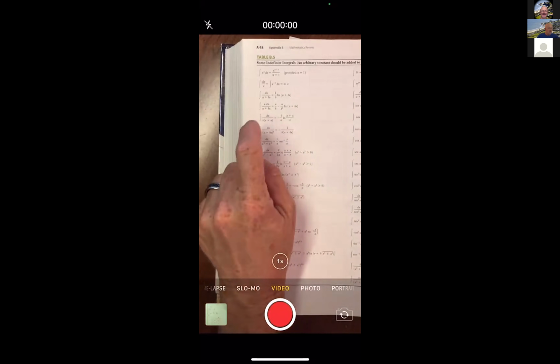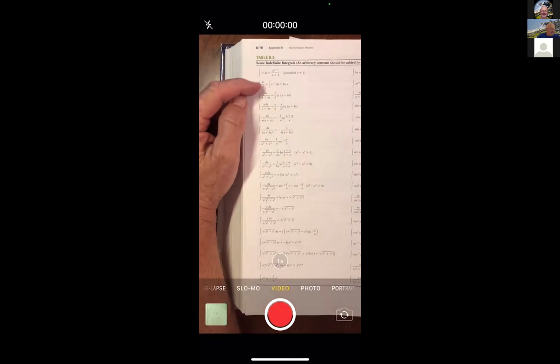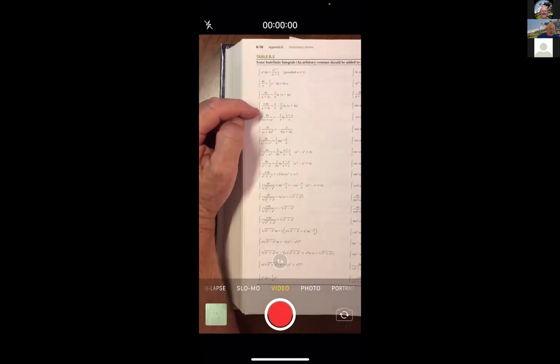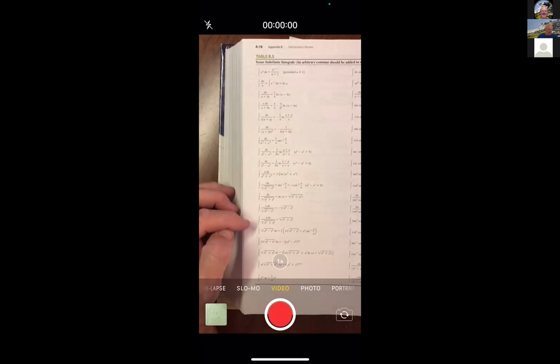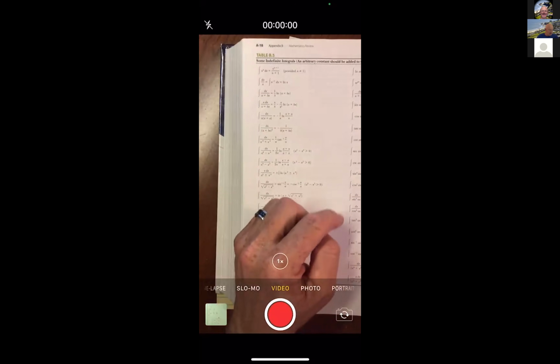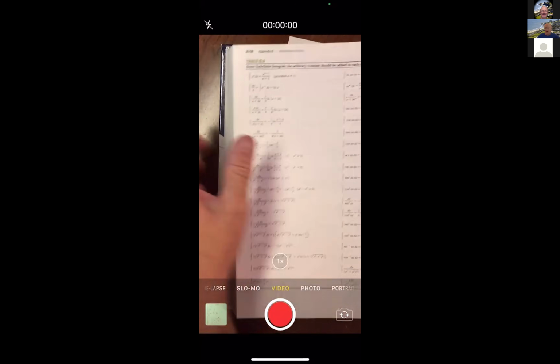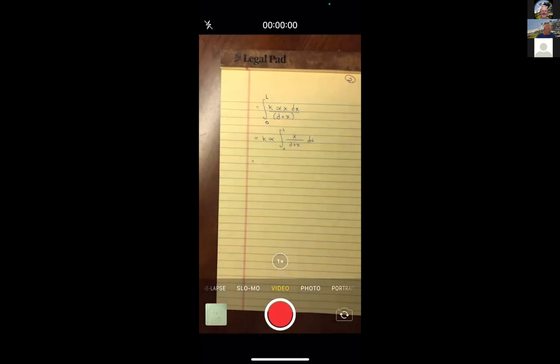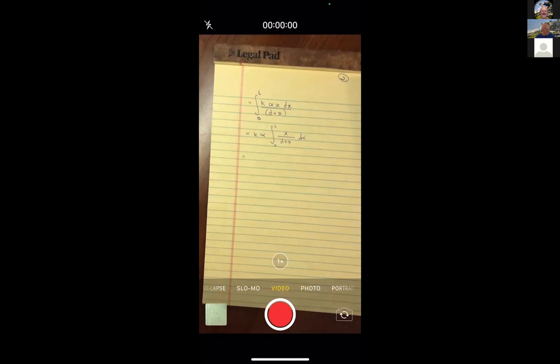And so I'll keep that one handy. I think that's the one we want. All the other ones got like square roots and exponentials. All right. So I'll come back to that one.